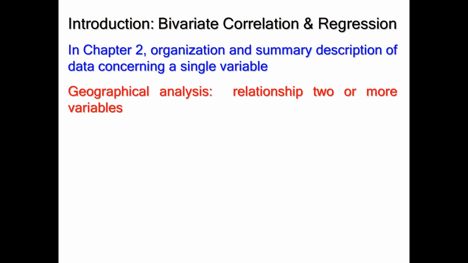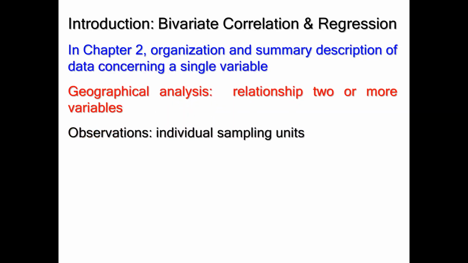A great deal of geographical analysis involves studying the relationship between two or more variables. Observations on two or more variables are often recorded for individual sampling units. For example, the height and weight of individuals, or the number of goals scored by and against a team.